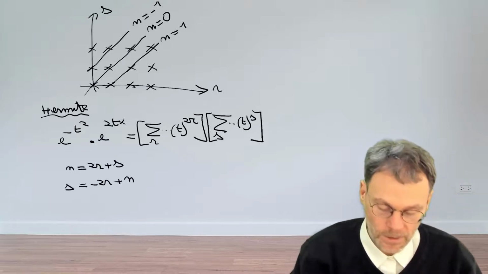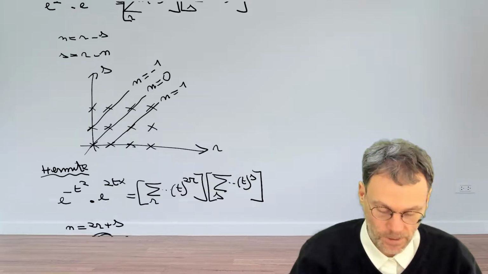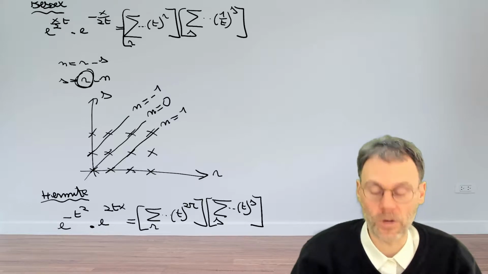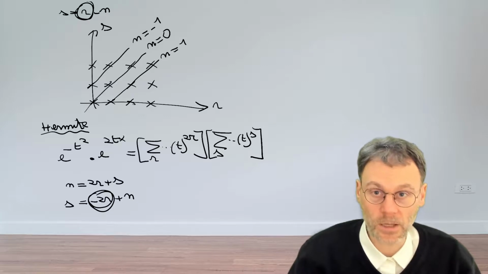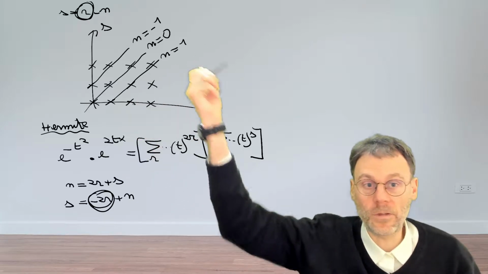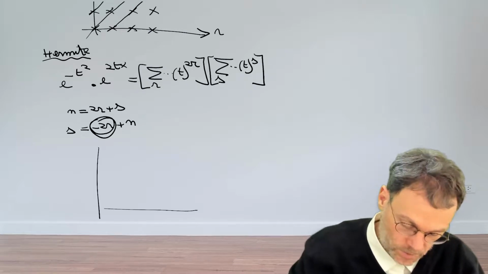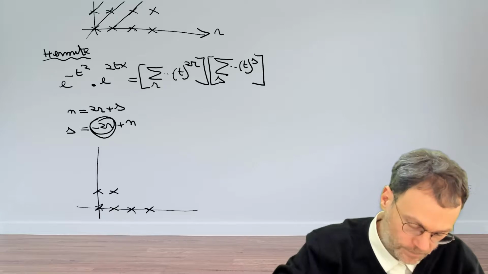And this is a fundamental difference here because now we have minus 2 as coefficient, whereas previously we had a positive coefficient. Now the fact that this coefficient becomes negative means that the orientation of these lines will flip. And that will have profound differences, as we can easily see here when we make that diagram.